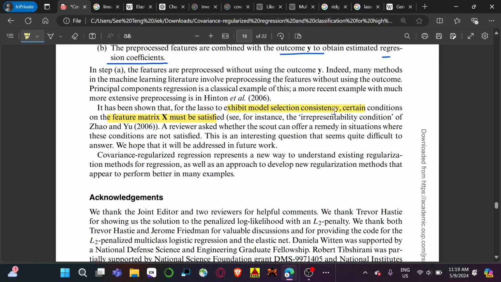Not so sure what these conditions are, but anyway. So I assume it has undergone peer review. A reviewer asked whether Scout can offer a remedy in situations where these conditions are not satisfied. This is an interesting question, but it's future work.